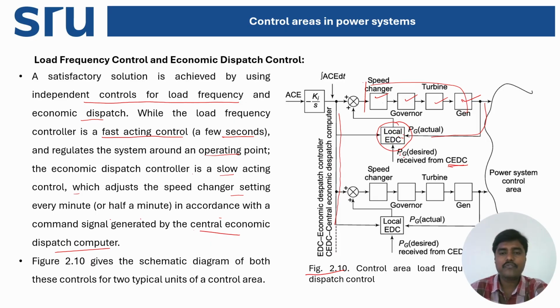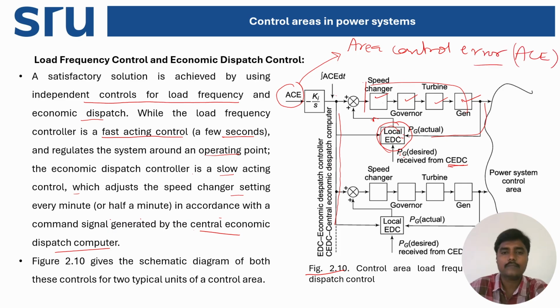By taking the input from the central EDC, the local EDC will generate an error signal that will be given here, which can be compared with one more important control signal that is generated by using ACE, where ACE is called the area control error.